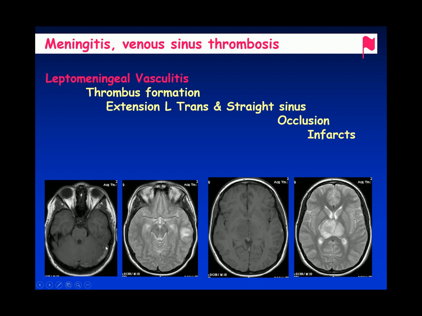And of course, you know that thrombosis of the different sinuses results in hemorrhagic infarcts of the brain. And in all cases, you don't see hemorrhage at the very beginning, like here, the thrombosis of the sinus leads to infarct of the basal ganglia, of the thalami, and you have bilateral infarcts.